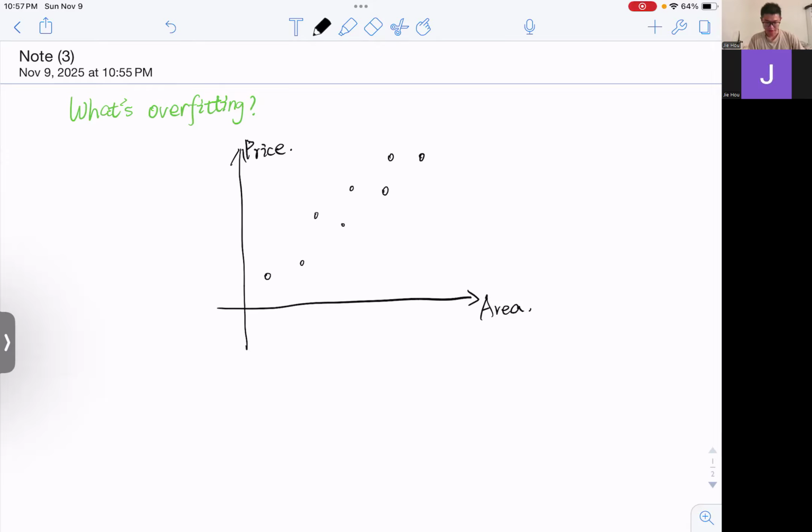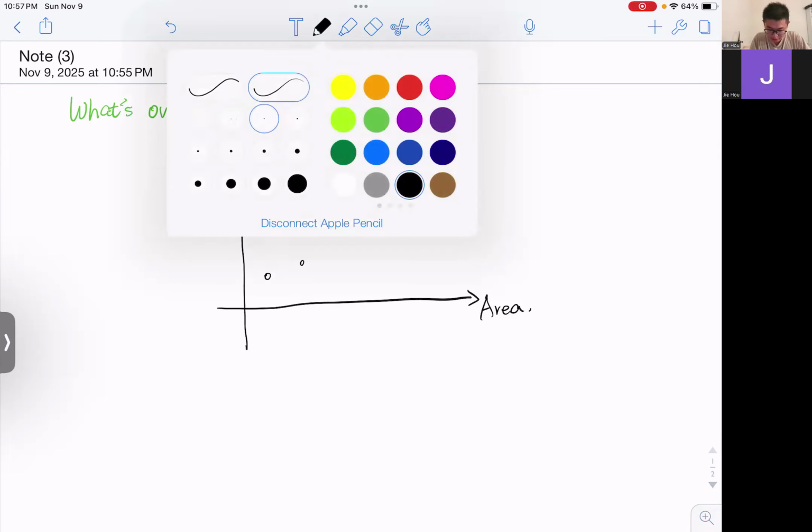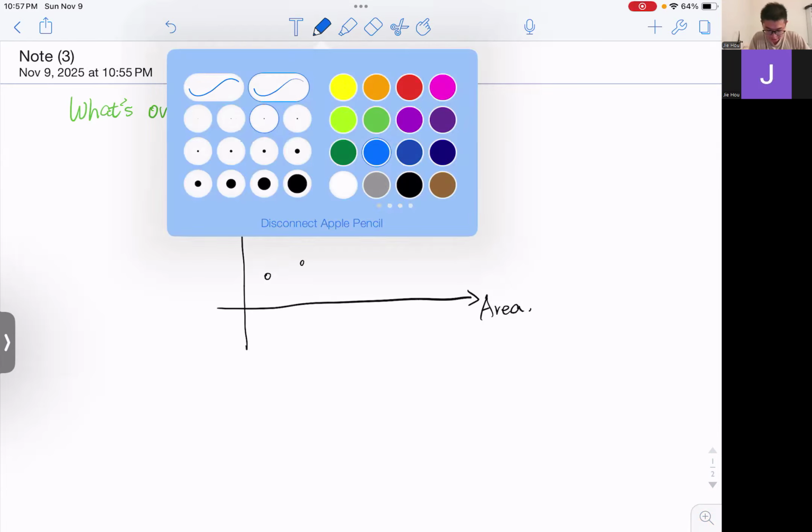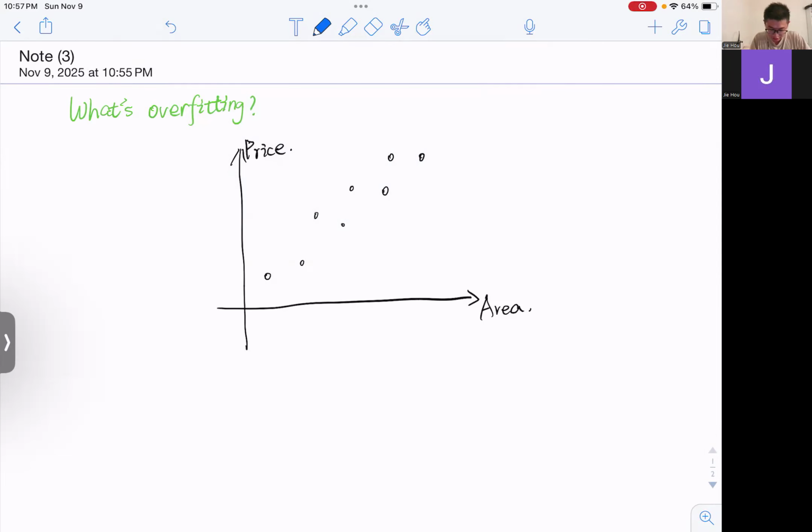Okay, it looks like a linear relationship or linear trend, right? So probably we can fit a line. Probably it looks like this.